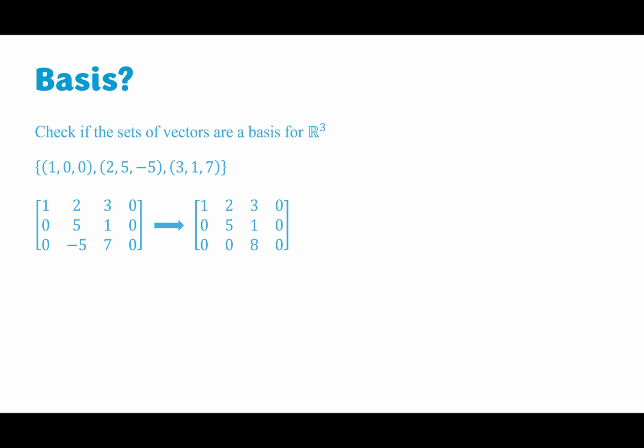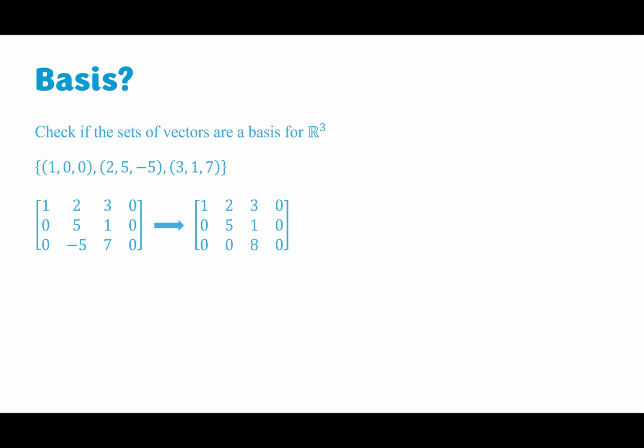There's not an infinite number of solutions. There's just one solution, and the one solution has to be the trivial solution. By trivial, we mean the scalar multiples are all 0, the easy solution, right? Because 0 times the first vector plus 0 times the second vector plus 0 times the third vector is definitely 0.